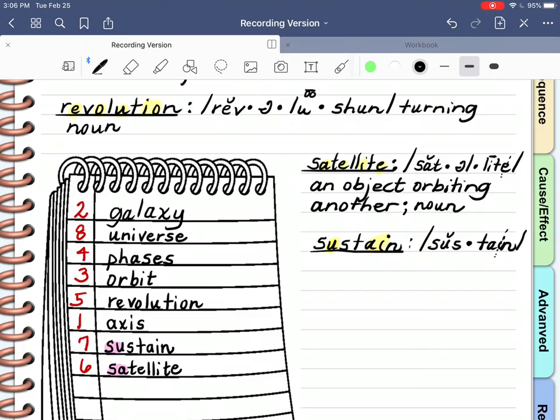And sustain is to strengthen or support. The definition starts with to, so it's usually going to be a verb.